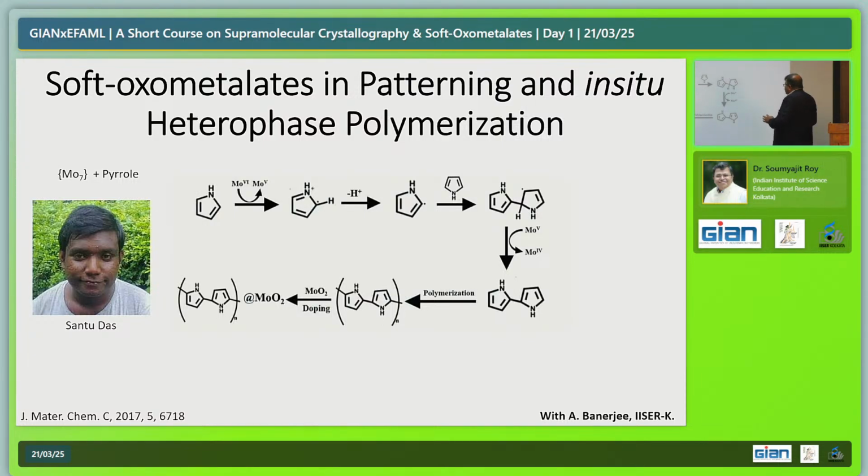And not only that, you have these MO4 units which are forming MO2 type units, and they are acting as a dopant, because this is electron rich, and they are doping this and forming this very interesting polymer SOM composite. We didn't expect that it would be so complicated when we started this reaction. This work again was done with Owen Banerjee, because we work jointly on this type of theme, and it took us very long to understand what was going on.